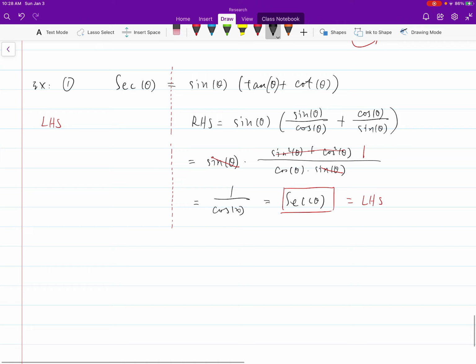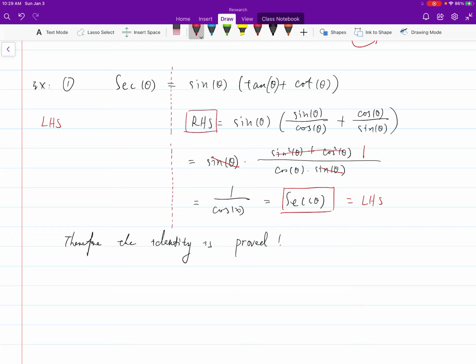When you simplify, suddenly you realize this equals the left-hand side already. Therefore, the identity is proved. So you work on one side, you work on the other side if necessary, until they look the same.